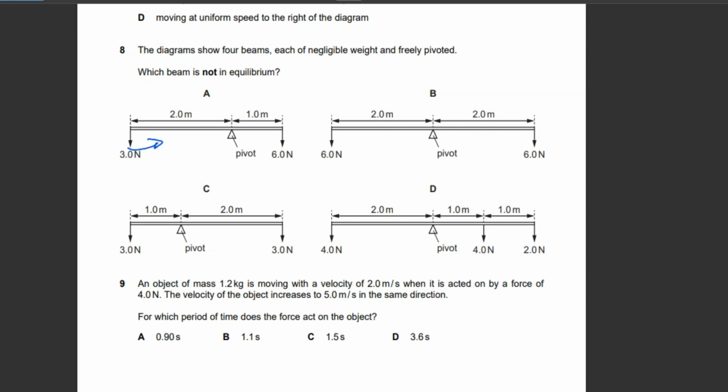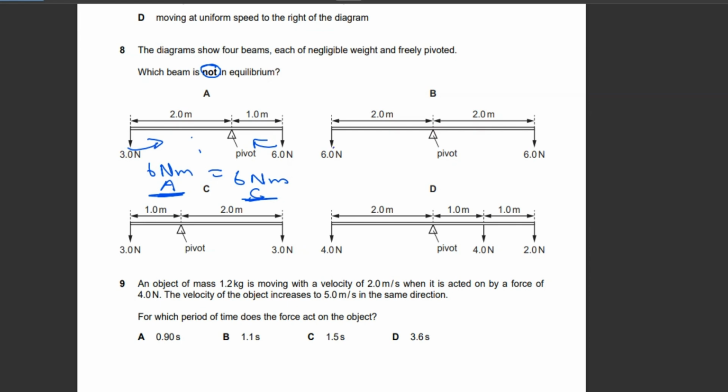Find the moment of this turning and this. So this is 6 Newton meter anticlockwise, and this is 6 Newton meter clockwise. So resultant moment equals to 0 means clockwise must be equals to anticlockwise. So this is balanced since the anticlockwise moment equals to the clockwise moment. So we are looking for the one that is not balanced, not in equilibrium. So this can't be my answer.